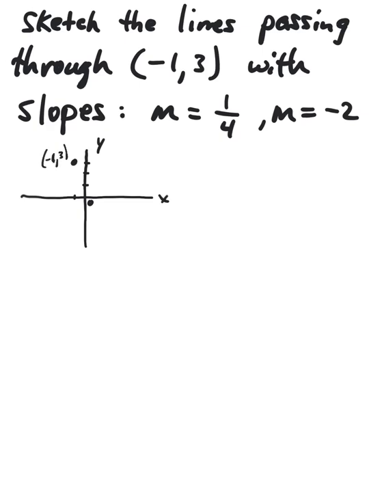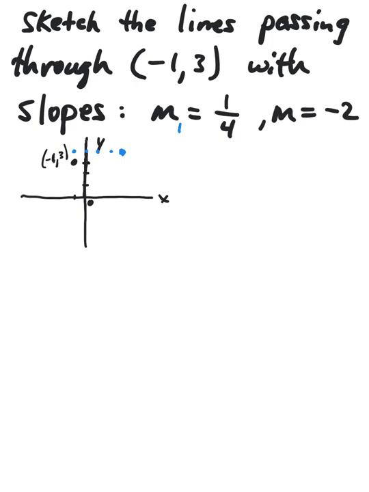Okay, the first line we're asked to sketch has a positive 1/4 slope. From the point of interest, let me change colors here. We'll do this one in blue. We go up 1, right 4, then this will be the stopping point, and I'm going to mark that as our first slope.